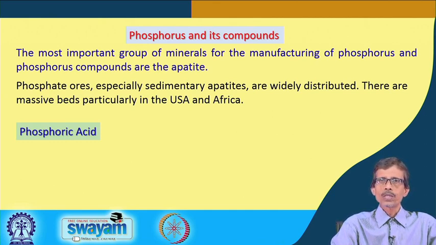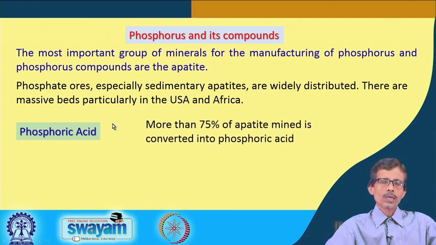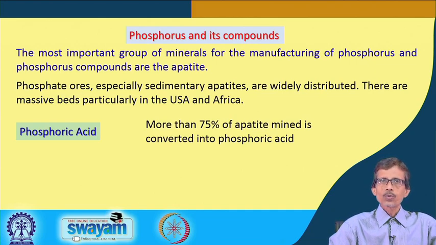That means PO4 3 minus is the phosphate anion which will be protonated, and that protonated form will give you the corresponding phosphoric acid, which I just now told you is H3PO4. So, that H3PO4 formation is an important step from those phosphate ores, making phosphoric acid from phosphate ore or apatites.